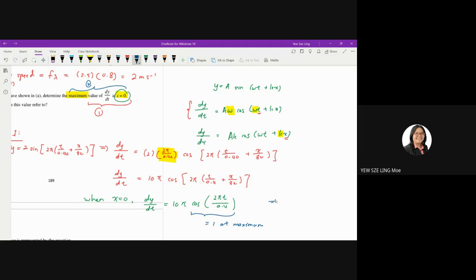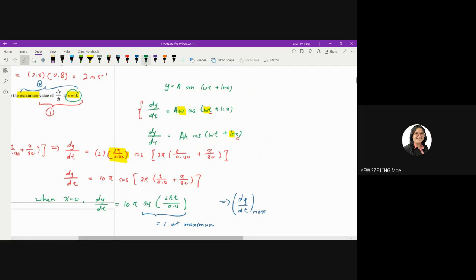So dy over dt max, or you can call it V max because that represents your velocity, is equal to 4 pi, when cos (2 pi t over 0.4) equals 1.